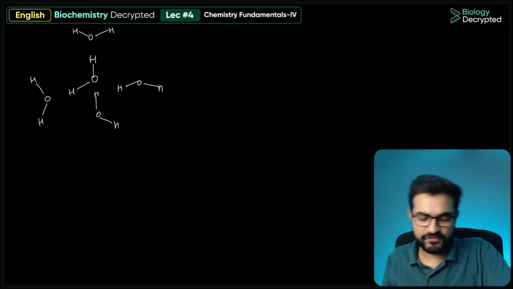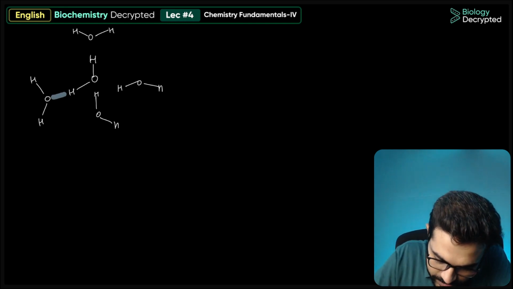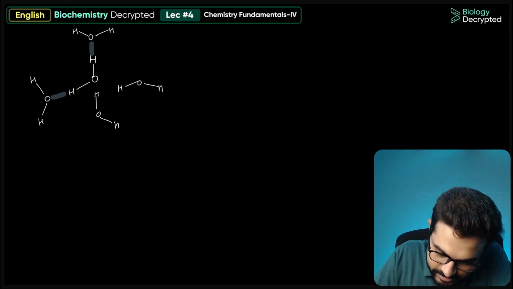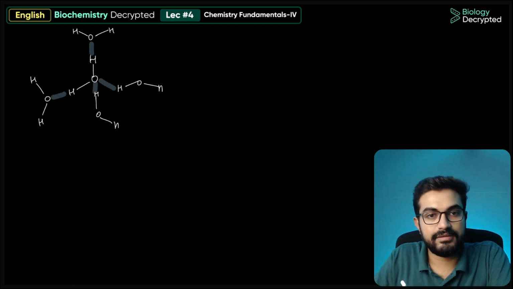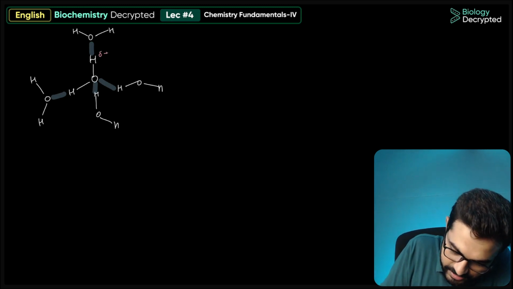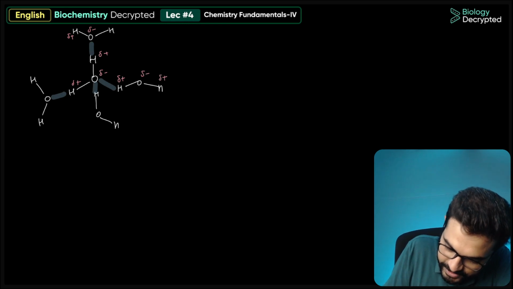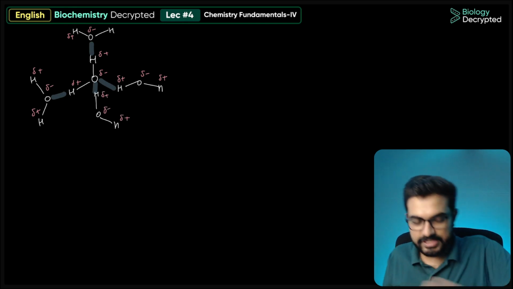Let's talk about these four water molecules. What can happen here is hydrogen bonds can be formed here, here, here, as well as here. Now, since this hydrogen is partially positive and the oxygen is partially negative, this is how we can show it for all.